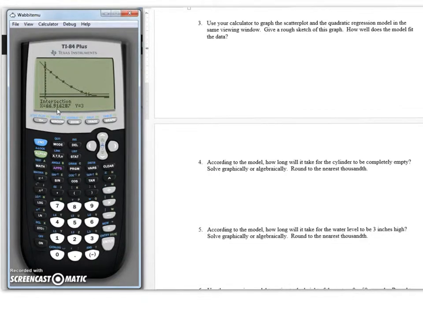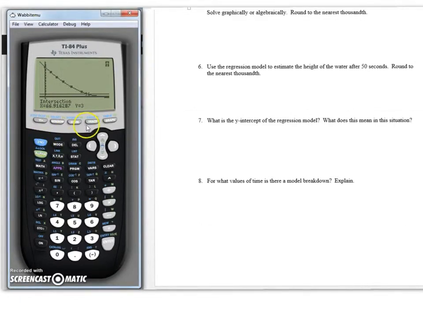So the next question says to use the regression model to estimate the height of the water after 50 seconds. So since x represents the time in seconds, we just need to substitute 50 in for x in our regression model and work out the answer. Another way to do this is on a calculator, and I'd like to show you this because it's kind of neat.